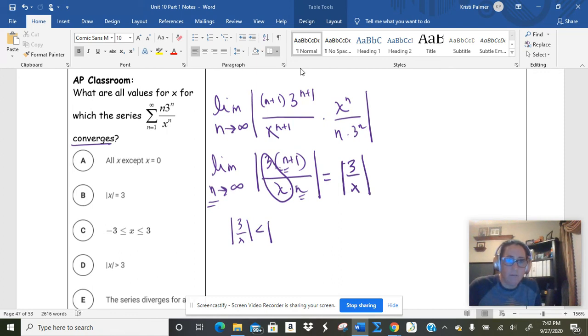And then I can solve. Where is 3 less than the absolute value of x? Or we could even flip-flop it, keep the bigger with the bigger, like that, and we get D. Not too bad, something you can completely do, but kind of looking ahead at the same time, okay? Okay, so that's the ratio.